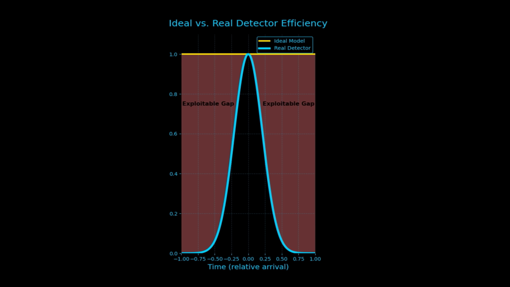Next, we will examine how Eve uses these exploitable gaps to bias measurement device-independent QKD systems, despite the fact that those systems are designed specifically to remove detector vulnerabilities. By exploiting the timing asymmetry rather than detector control, she bypasses the assumptions built into the security model and manipulates the Bell state outcomes without ever touching the measurement device directly.